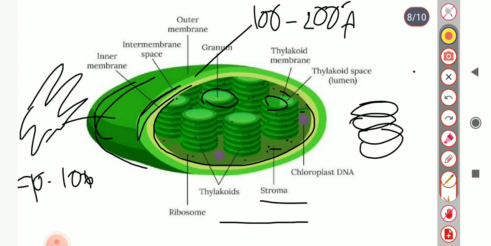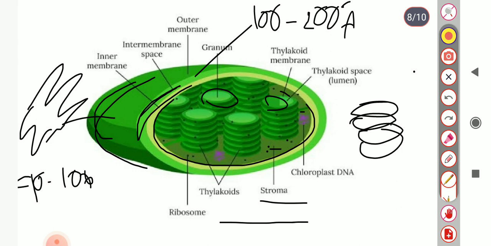They store starch either temporarily or permanently in several algae. Next is photosensitivity. Chloroplasts of some algae provide photosensitivity because of the presence of a stigma or eye spot. Next is synthesis of fatty acid, storage of lipid and formation of chromoplast. This is all about the function of chloroplast.